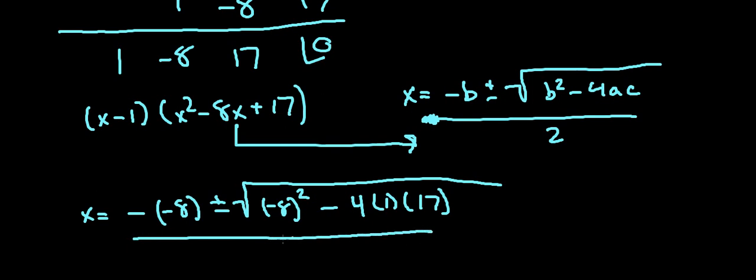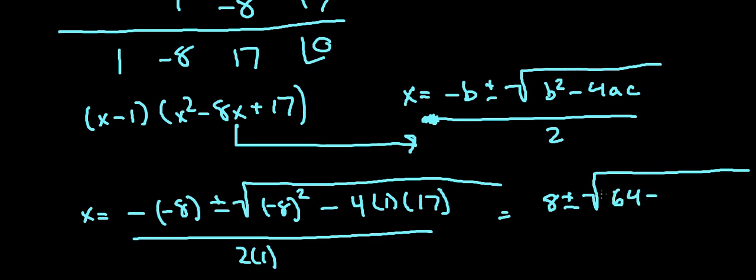And this is all being divided by 2a, and a is 1. So if we simplify this, this is going to give us minus minus 8, which is positive 8, plus or minus the square root. 8 squared is 64. 4 times 1 times 17 is 68. This is all being divided by 2.